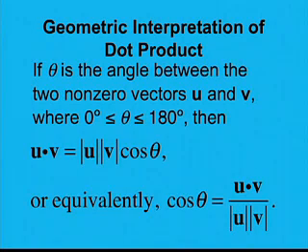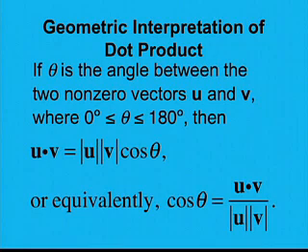The following theorem that I show you relates the dot product to the angle between two vectors. So we have the geometric interpretation of the dot product. If theta is the angle between the two non-zero vectors u and v, where theta is between 0 and 180 degrees inclusive, then u dot v is equal to the magnitude of u times the magnitude of v times the cosine of theta.